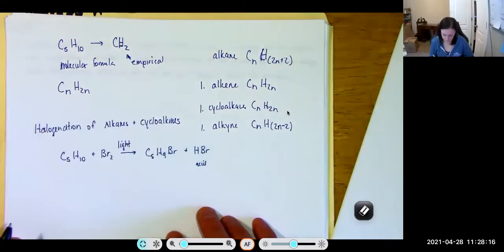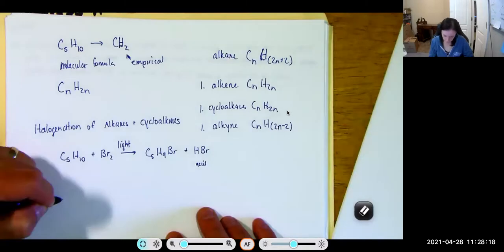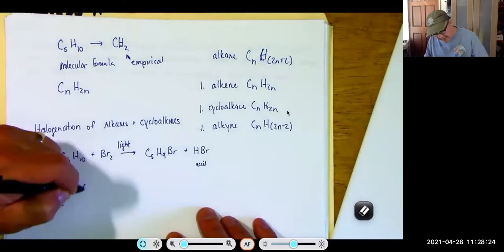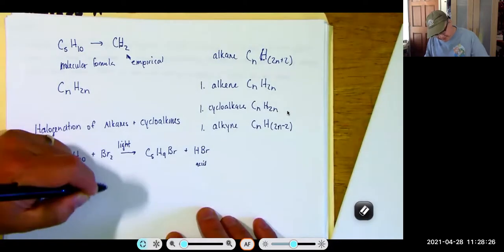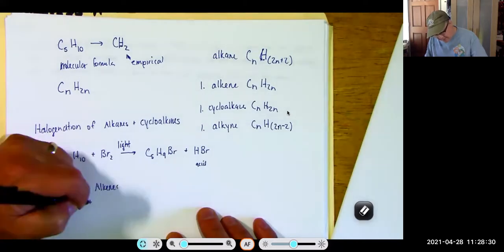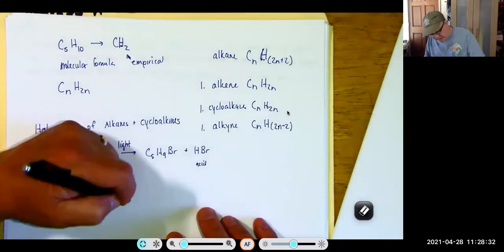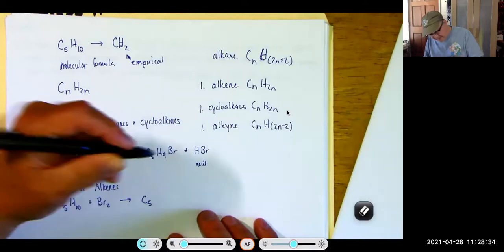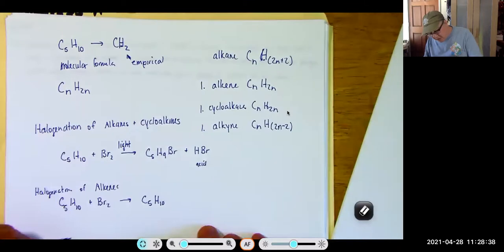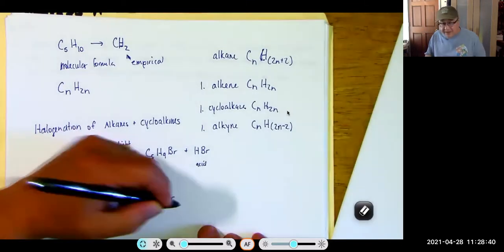Now, for halogenation of alkenes, so C5H10, when you add bromine, we're going to get C5H10Br2 and nothing else.